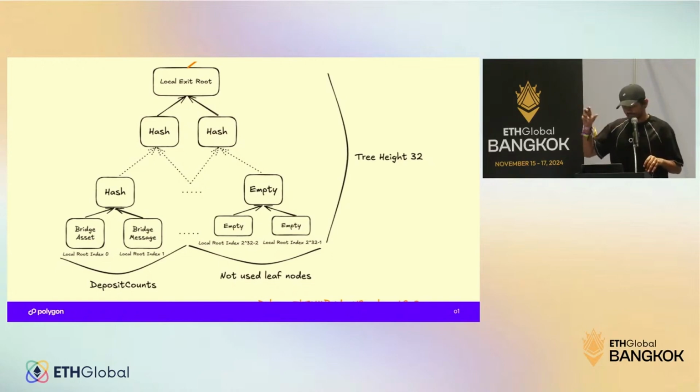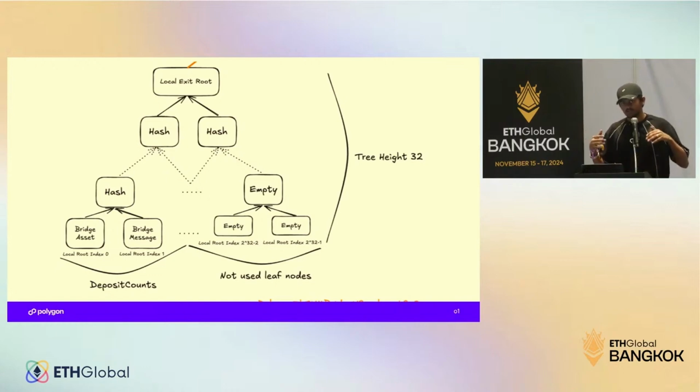Essentially, it will create a local exit root tree on the L2. So it's just a hashing of leaf nodes on every local exit root tree of rollups. And at the end, it will update the global exit root tree node, which is on the L1.